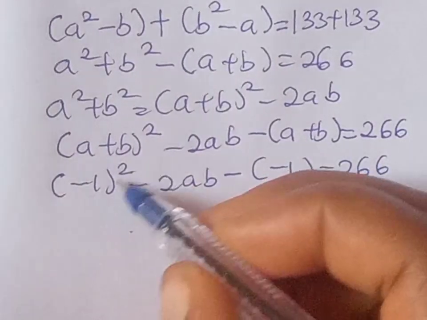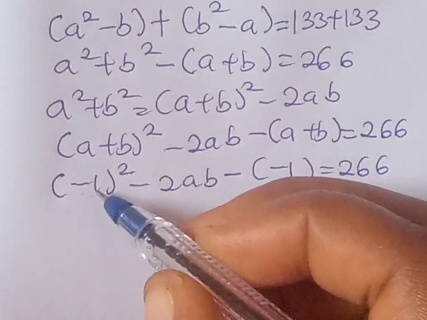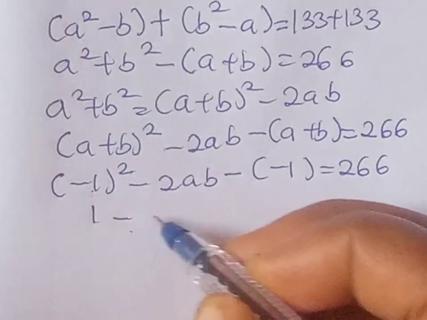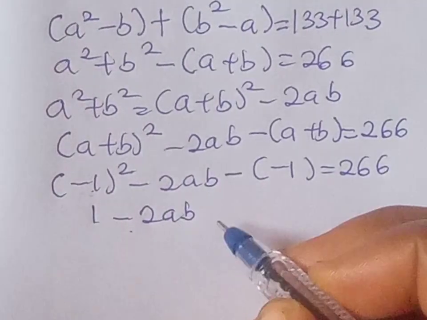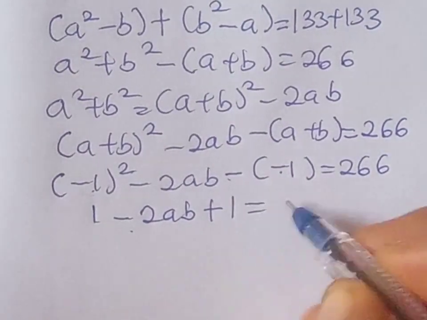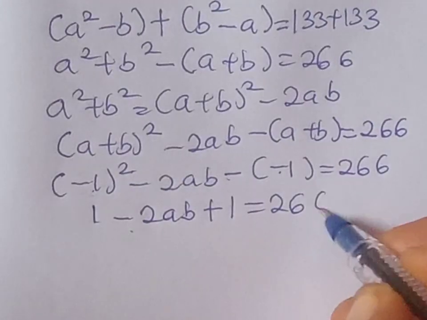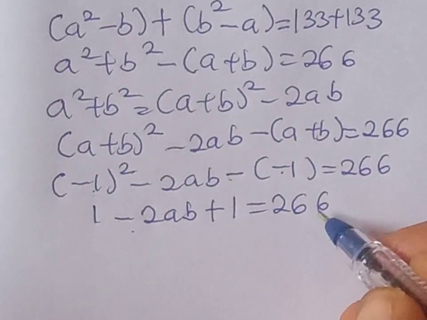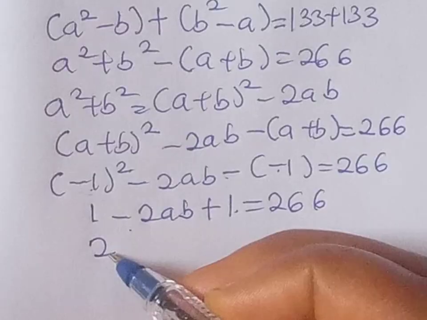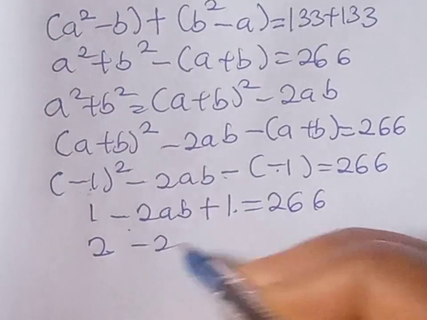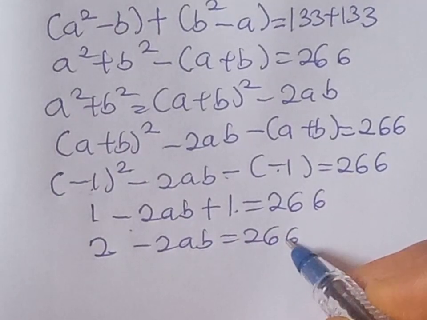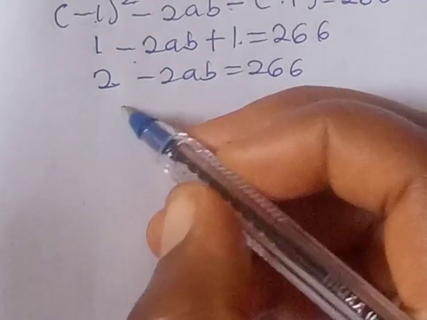Minus 1 squared will give us 1. So we have 1 minus 2ab, minus times minus will give us plus 1, equals 266. 1 plus 1 will give us 2. So we have 2 minus 2ab equals 266.